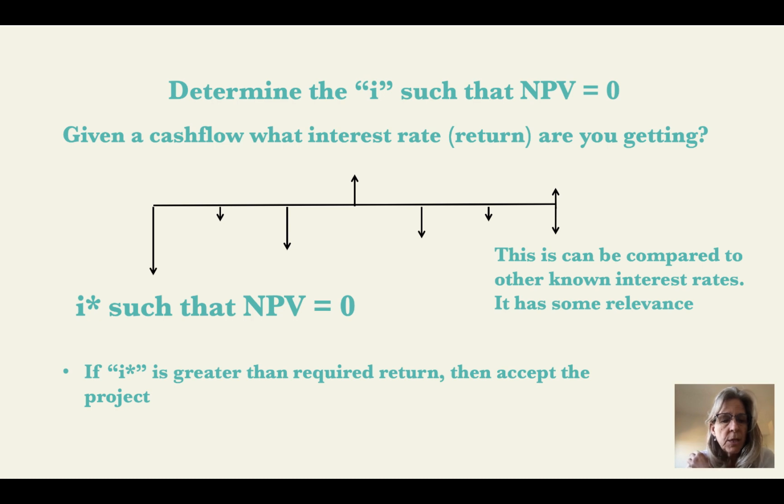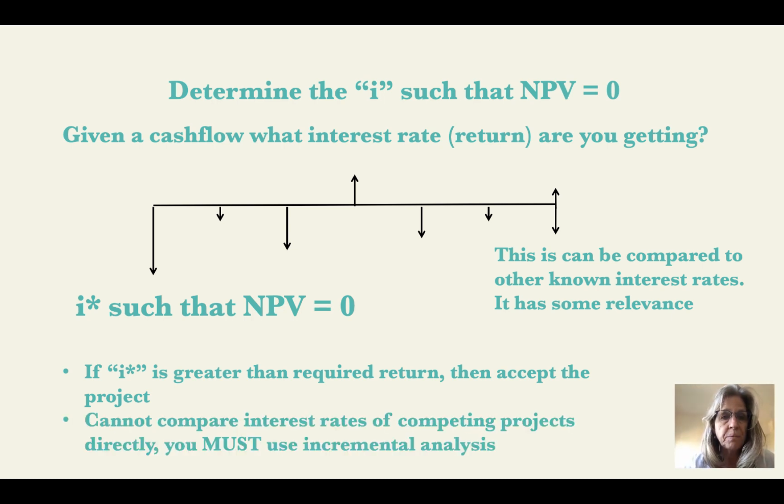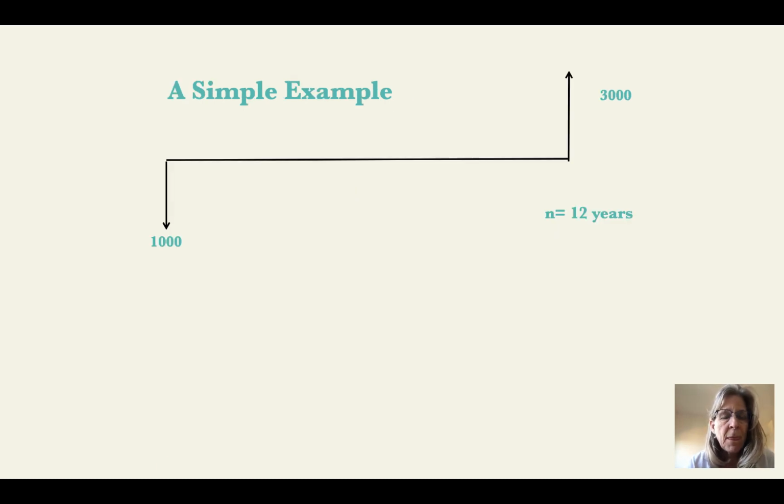And this return is often called MARR, or minimum attractive rate of return, and that's what we compare it to. If the return on a particular investment is greater than MARR, then we accept the project. But one of the tricky things is we can't compare just the interest rates of projects and say which is the best project. We must use what's called incremental analysis, and I'll go through that in a little bit.